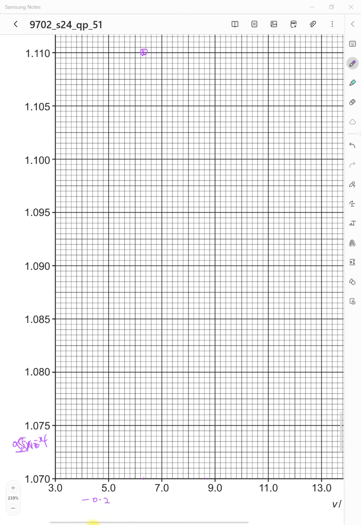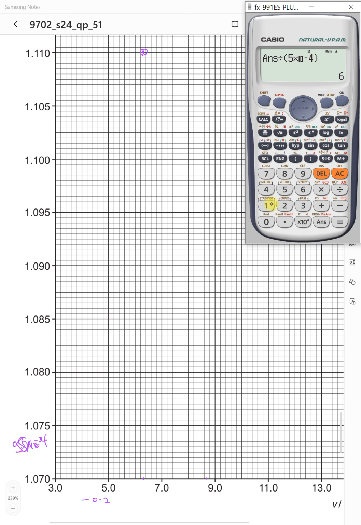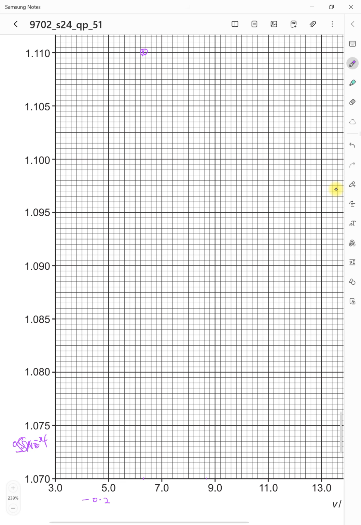So I have to check this. 1.101 minus 1.1 divided by the scale on the vertical, which is 5 exponent minus 4. So I'll just add two boxes to reach 1.101. I think this is the point.